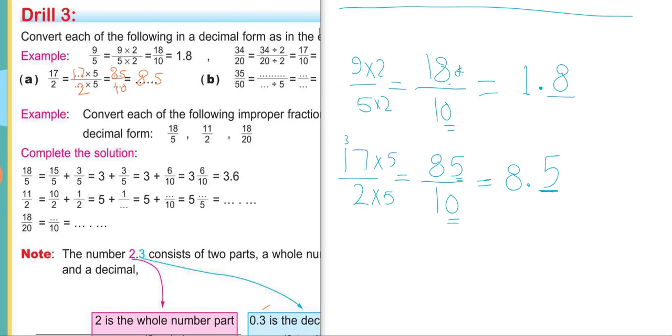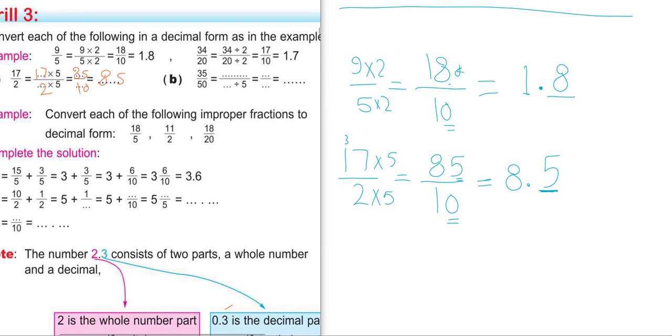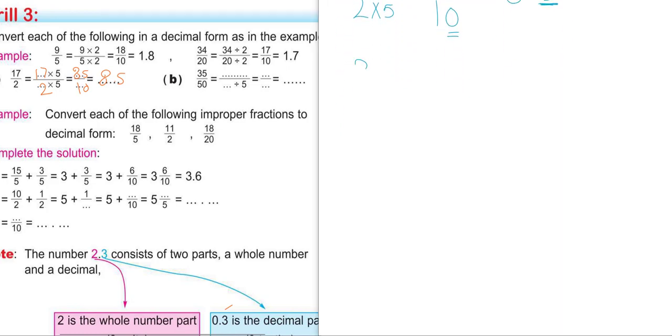Let's solve 34 over 20. 34 over 20 equal. 20 to become 10 must divide, because from greatest to smallest we divide. Divide by what? Divide by 2. So the numerator must be divided also by 2.